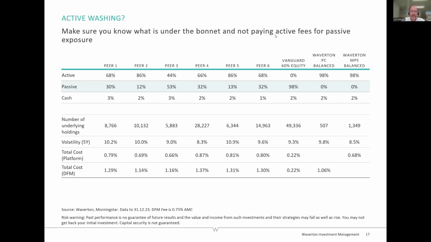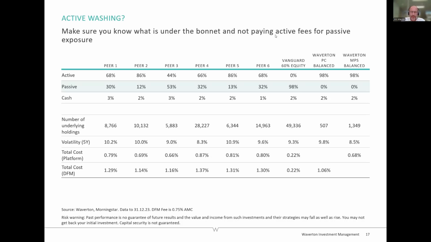We will occasionally own a passive tracker. At the moment, I think we've got an index-linked bond ex-UK in the bond fund. From a balanced portfolio point of view, that is something like 0.6% or 0.3% of the portfolio. And the rest is all actively invested across direct stocks and bonds.